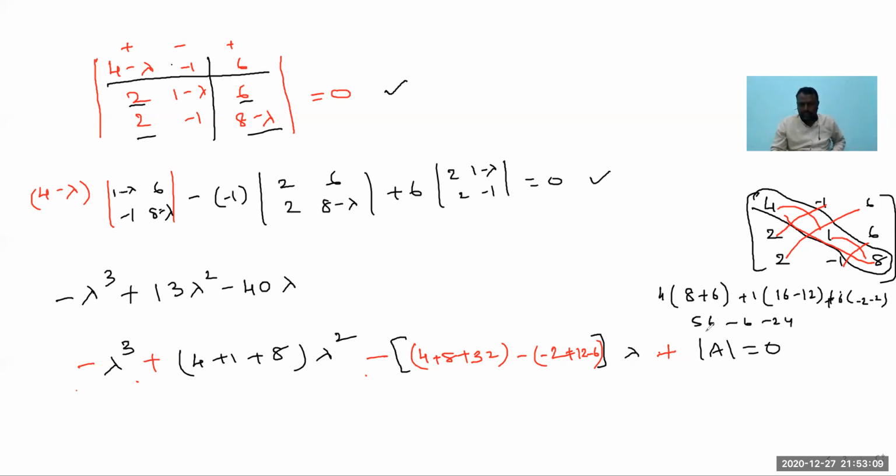So 56 plus 4 is 60, 60 minus 24 is 36. So plus 36 equal to 0. So this is the equation.